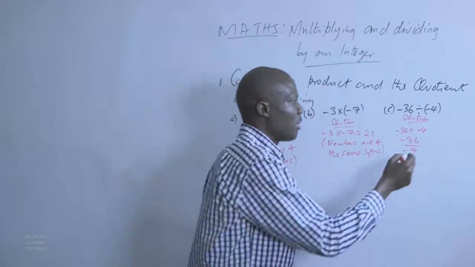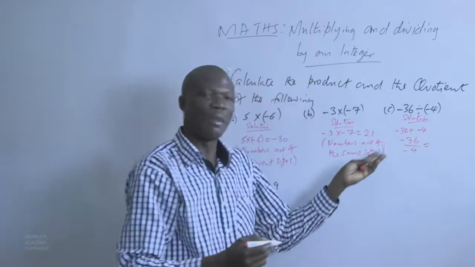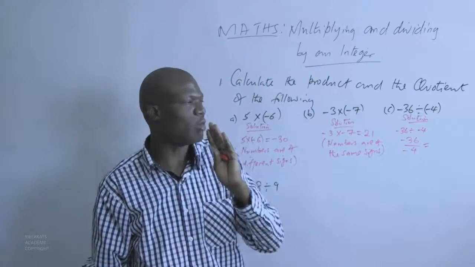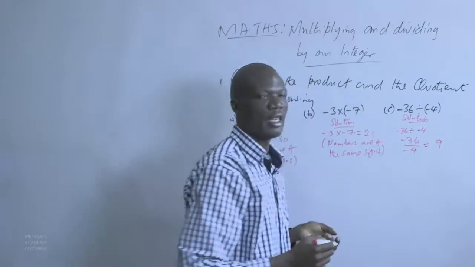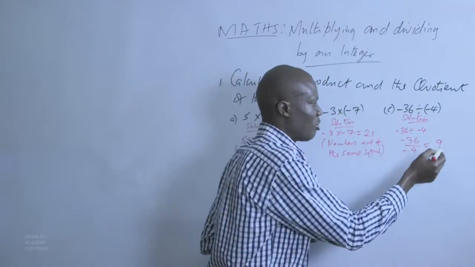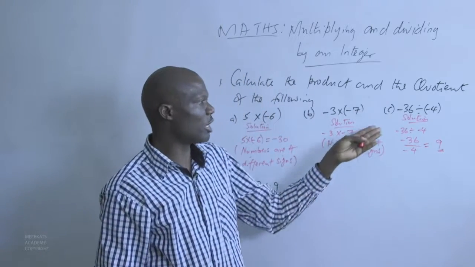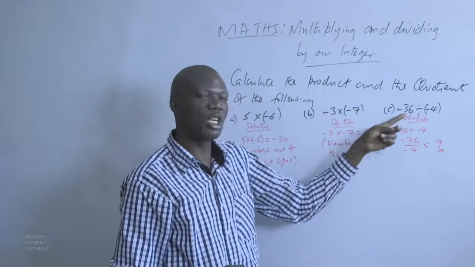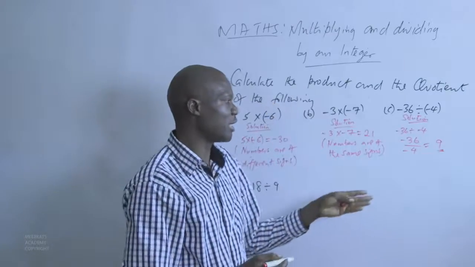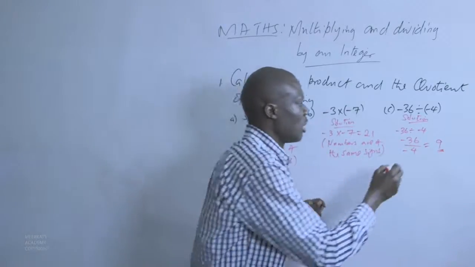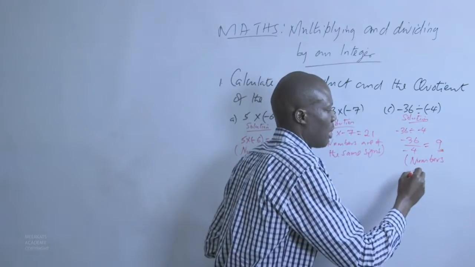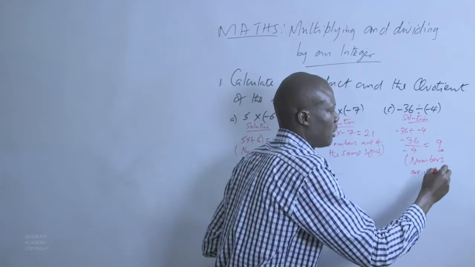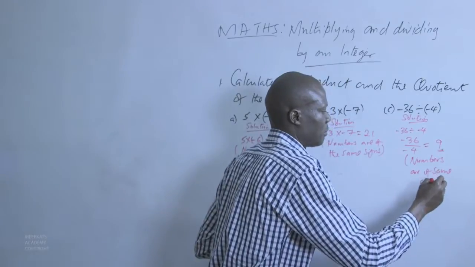So take 36 divided by 4, you'll find your answer as 9 when you simplify. To explain this, we are taking the quotient of two numbers with the same signs. It is positive because the numbers are of same signs.